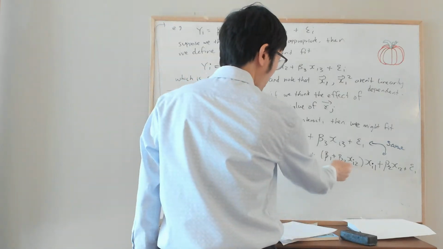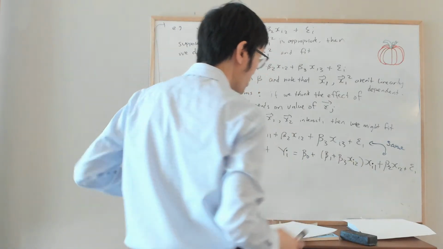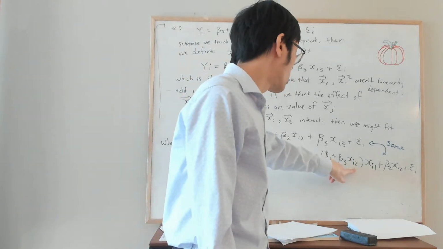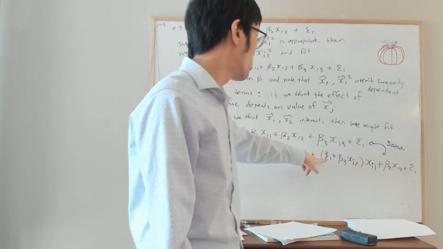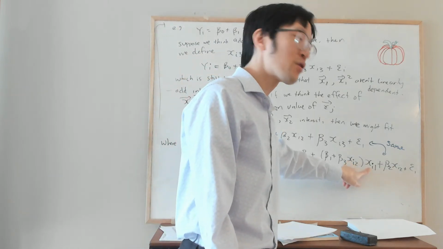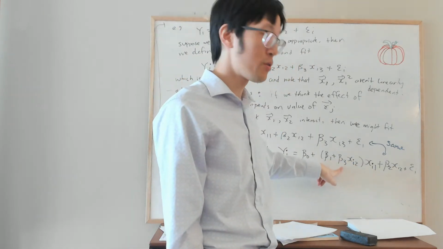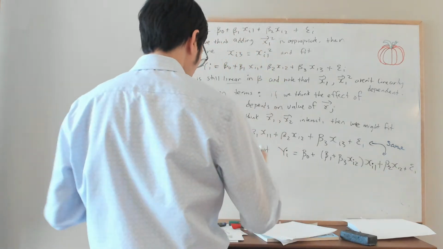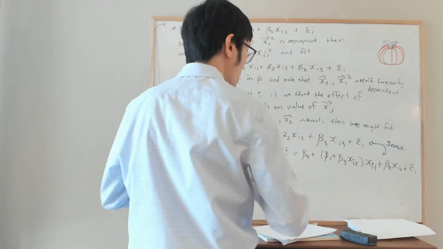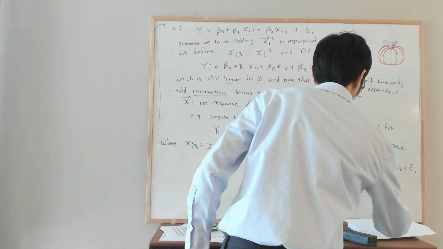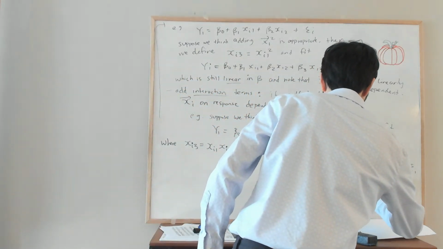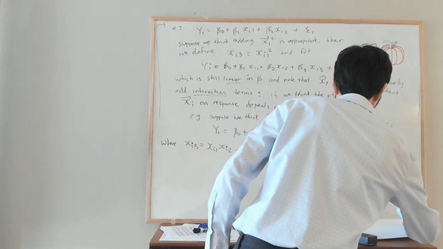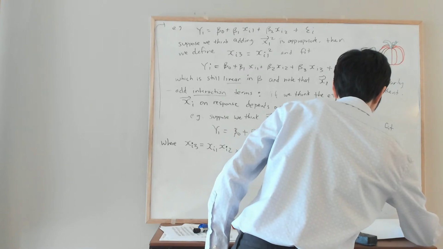For example, if x2 was 0, then the effect of x1 is just beta 1. But if x2 was 1, then the effect of x1 on the response is beta 1 plus beta 3. Therefore you see the effect of xi1 depends on the value of xi2.